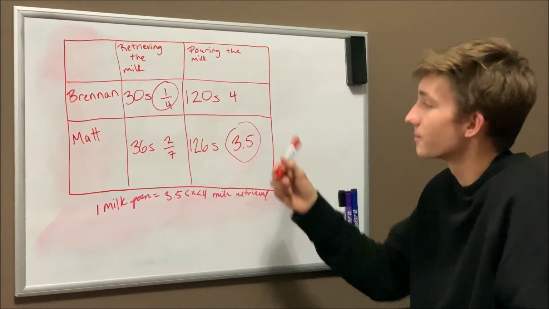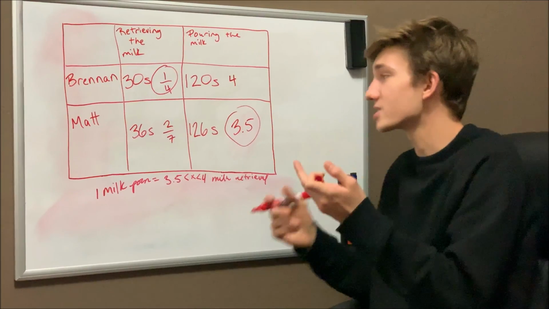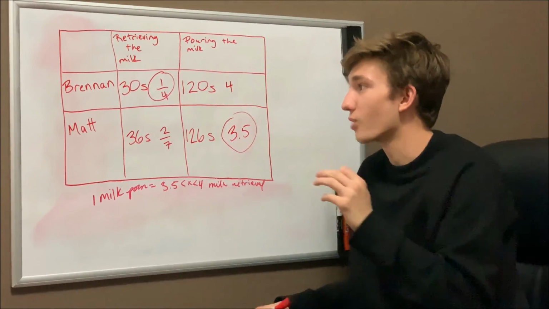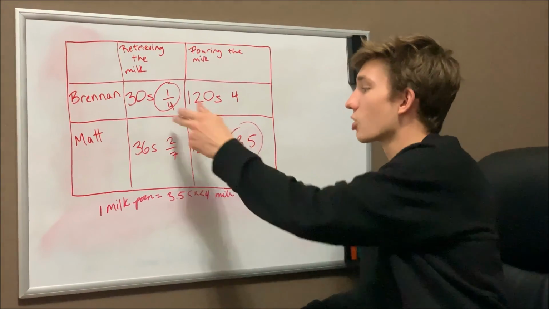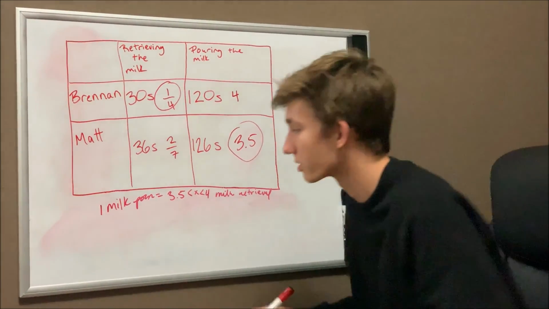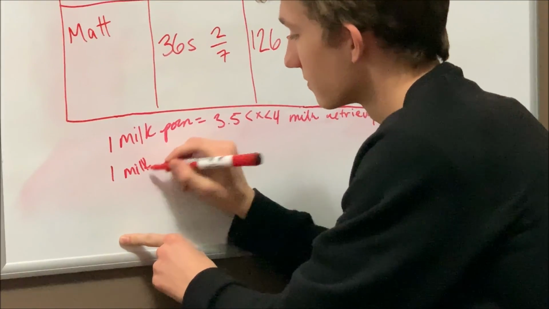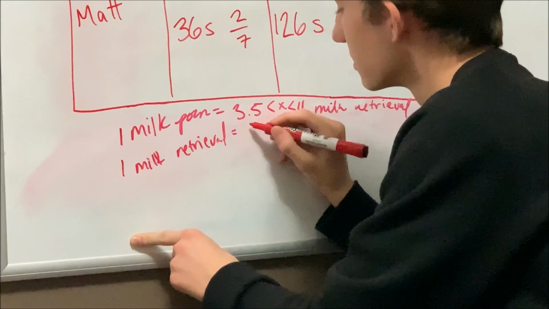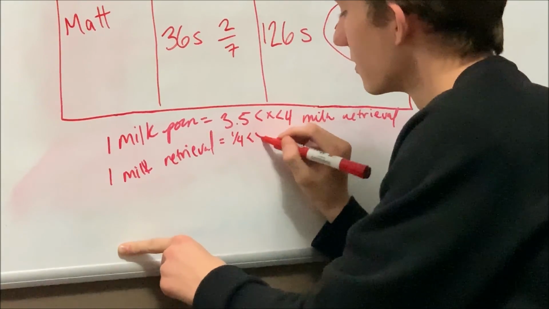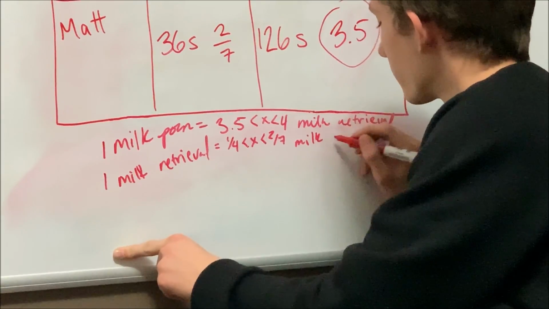But that goes both ways, because Brennan has a comparative advantage in retrieving the milk. And what this means is that in the time it takes for Brennan to retrieve the milk just 1 time, I should have poured between 1/4 and 2/7 of a glass of milk. So what we can write here is that 1 milk retrieval is going to be equivalent to between 1/4 and 2/7 of a milk pour.